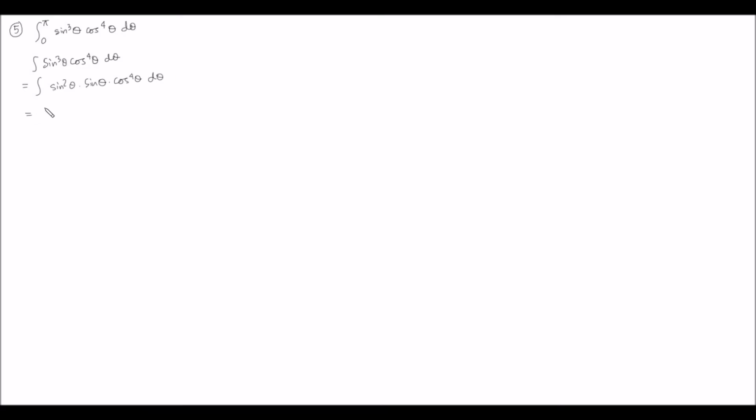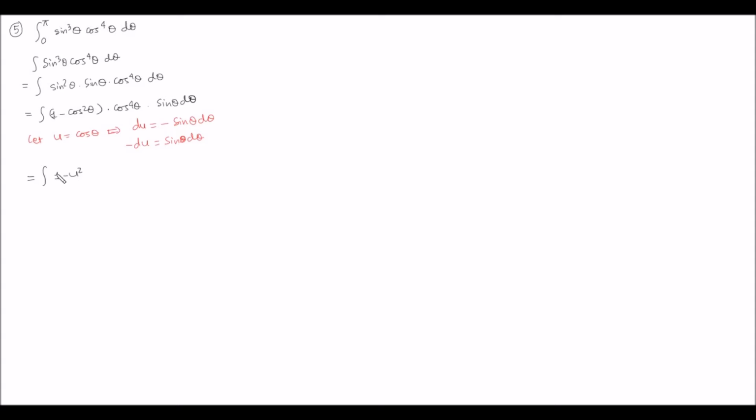By our Pythagorean identity, sine squared theta can be written as 1 minus cosine squared theta, times cosine to the power 4 theta and sine theta d theta. Let us do the u substitution, where we consider u to be cos theta. Then du equals negative sine theta d theta, or simply negative du equals sine theta d theta.